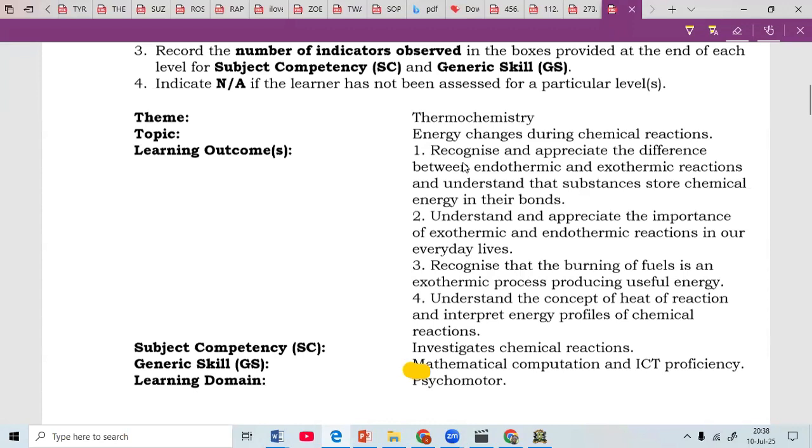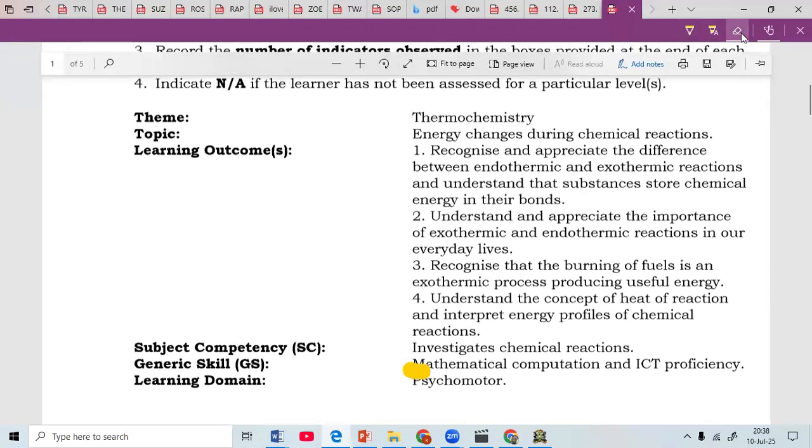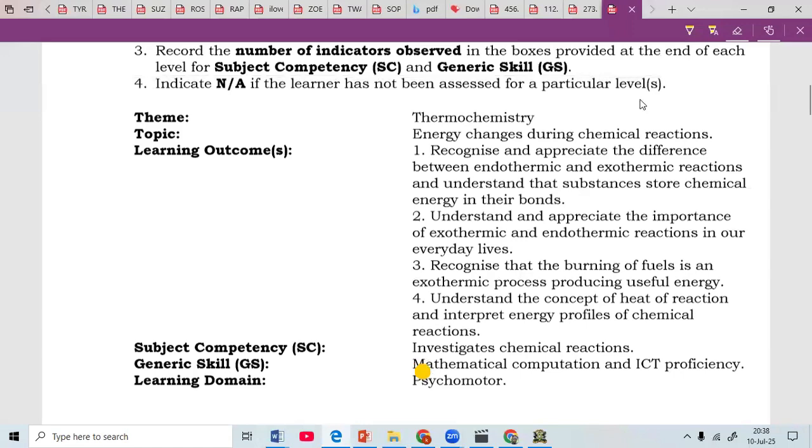However, when you look at the competency, the competency is an investigative competence. What does it mean? Something that is practical.